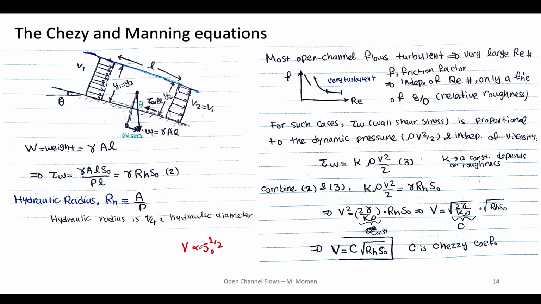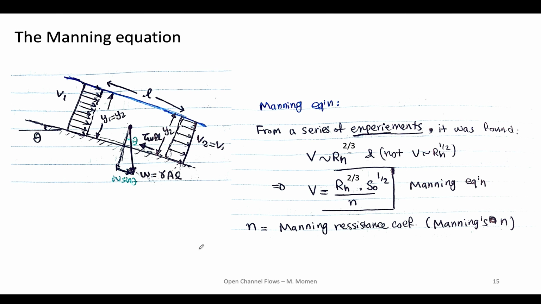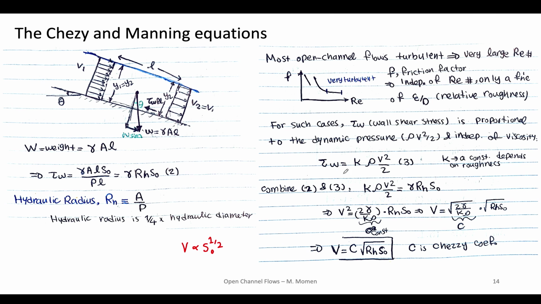But after doing a series of experiments, it was found that V actually varies as a function of R_H to the power 2/3 and not R_H to the power 1/2, which is what is in the Chezy equation, right?